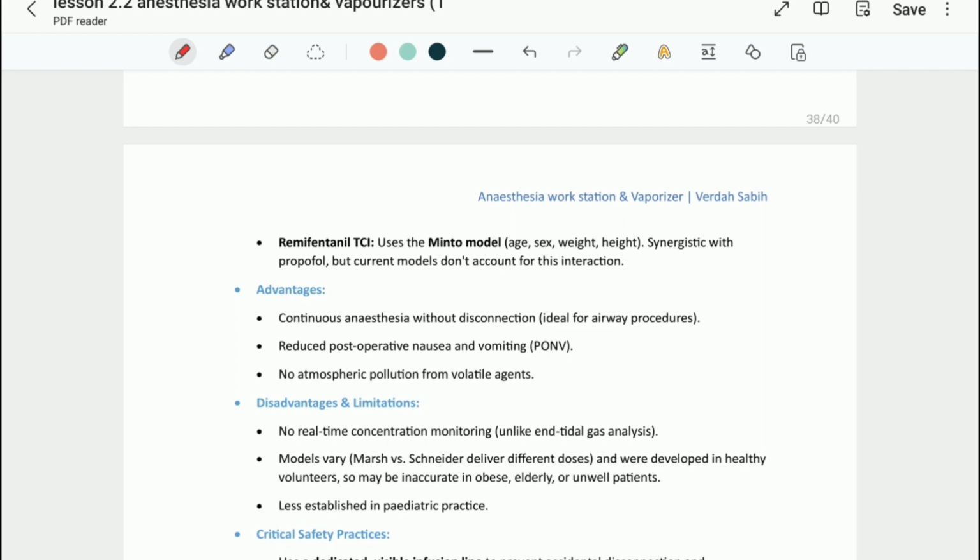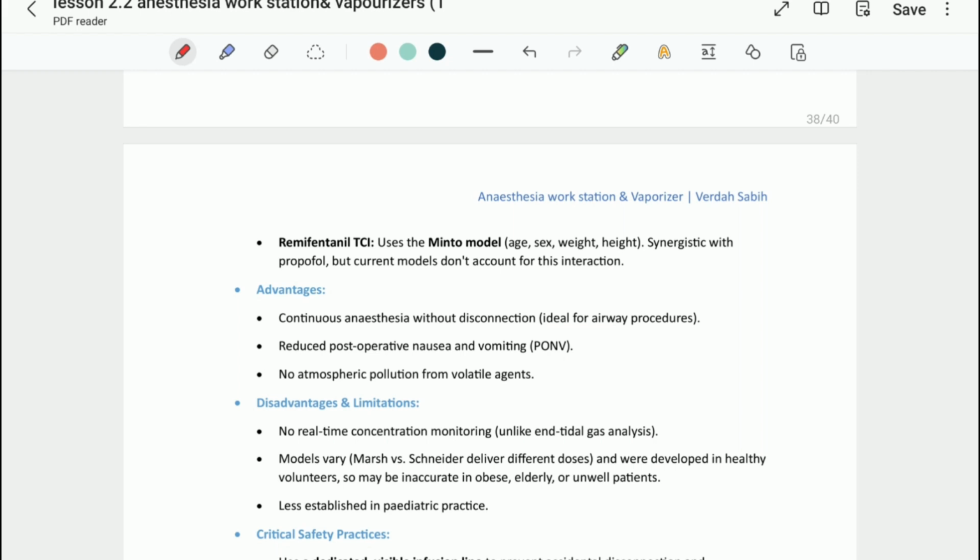The advantages of TCIs include that it has continuous anesthesia without disconnection and is ideal for airway procedures. It also reduces post-operative nausea and vomiting, and there is no atmospheric pollution from the volatile agents, which are all greenhouse gases.